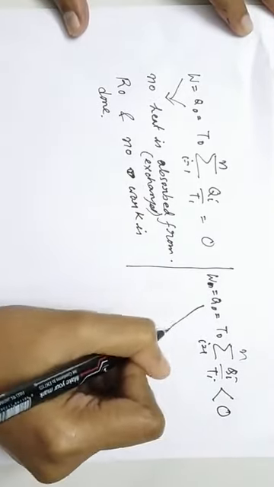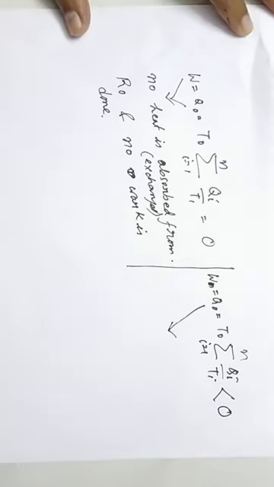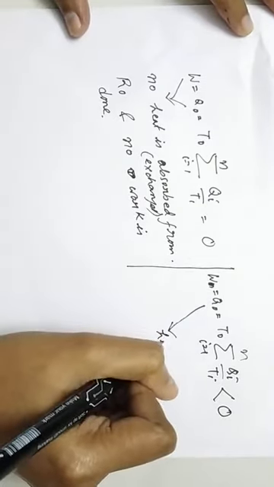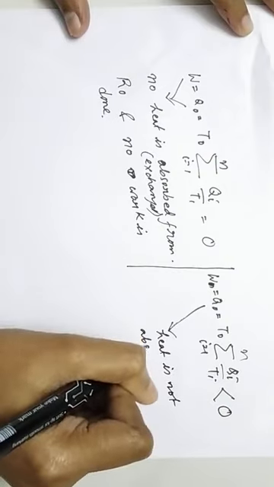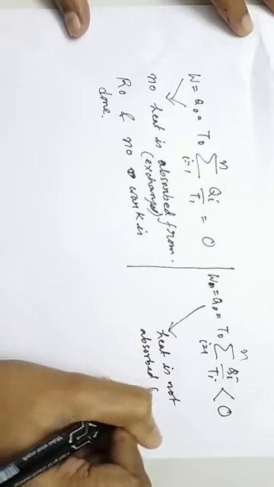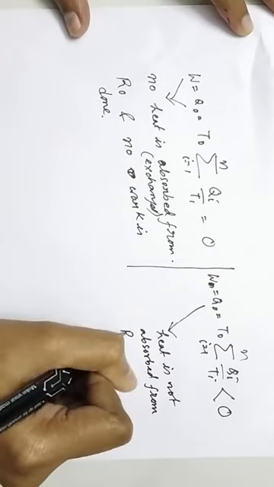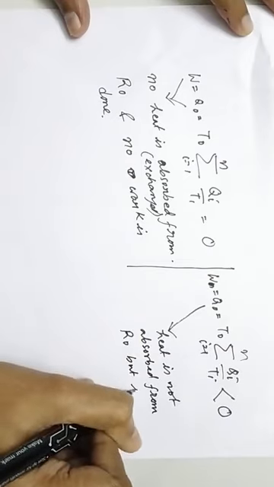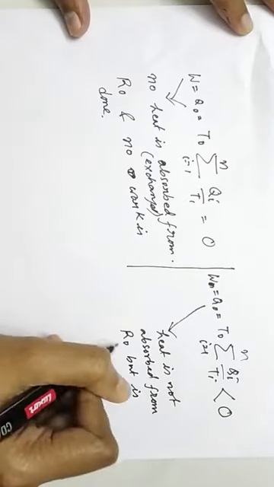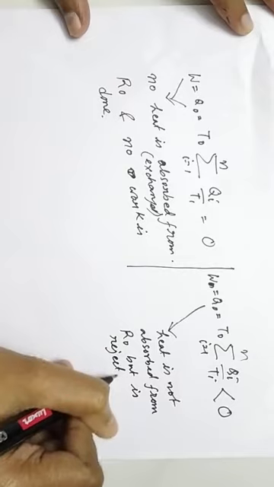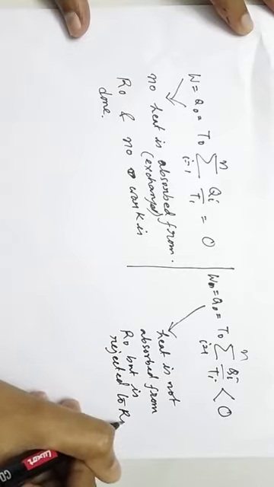So 0 means no heat is exchanged and no work is done, or it is negative. Q0 negative means heat is not absorbed from R0 but is rejected to R0.